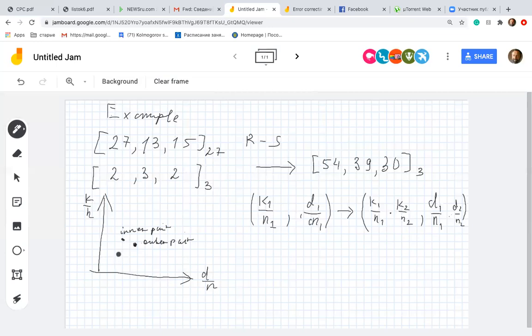This pair is obtained by the component-wise product of the coordinates of the two pairs. So this is the concatenated pair. We lose in both rate and relative distance, but we obtain a good alphabet, a small alphabet.